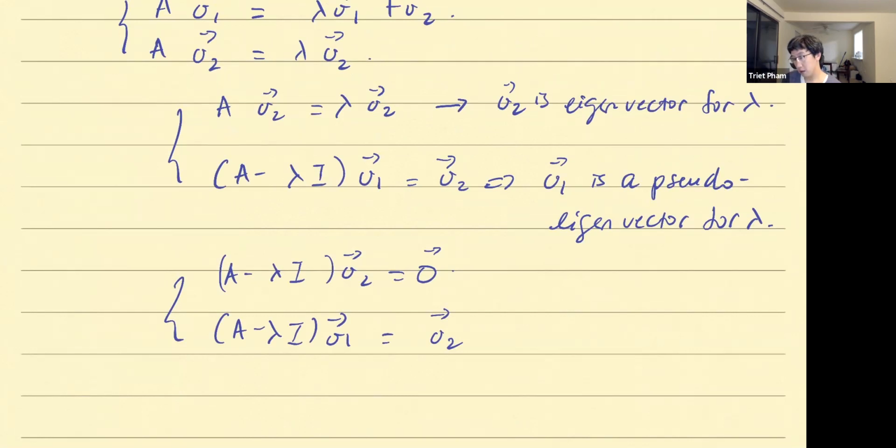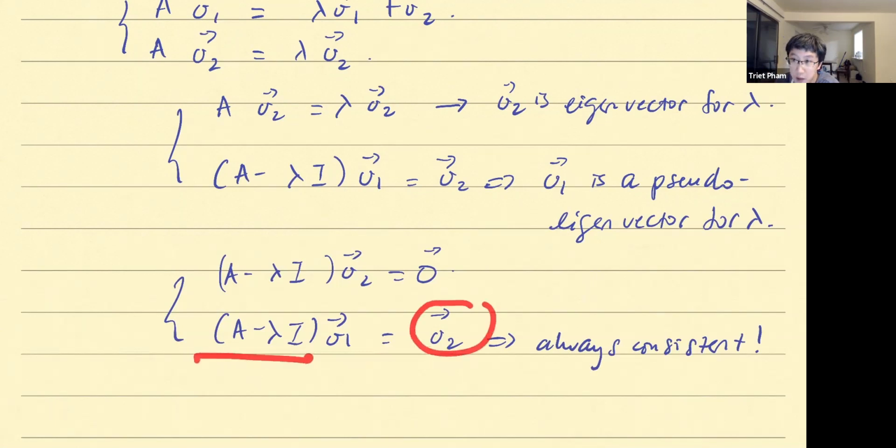The miraculous thing, pay attention, is somehow this system is always consistent. It's miraculous because, if you recall your linear algebra day, a non-homogeneous system does not have to have a solution, especially when this is not invertible. So it's only consistent if somehow V2 is in the column space of this.